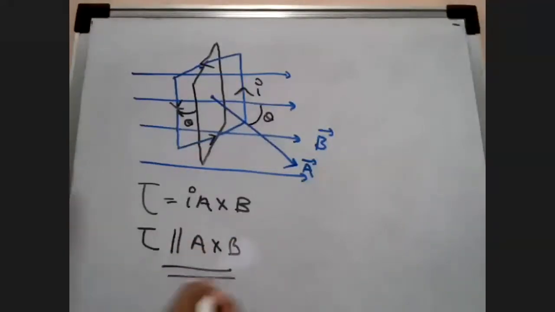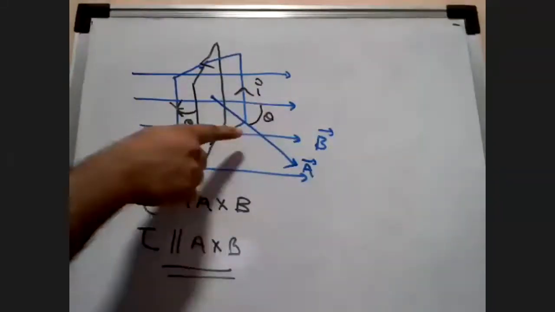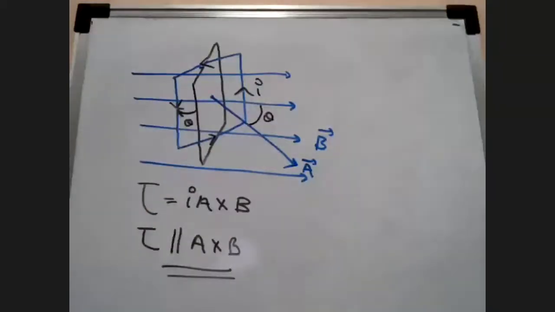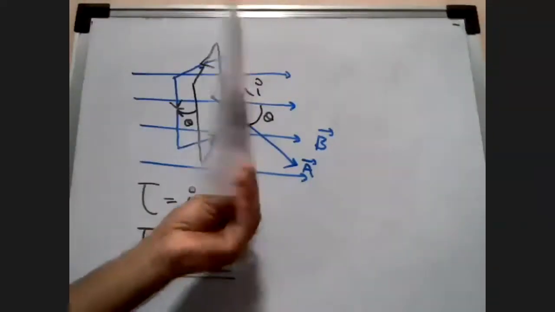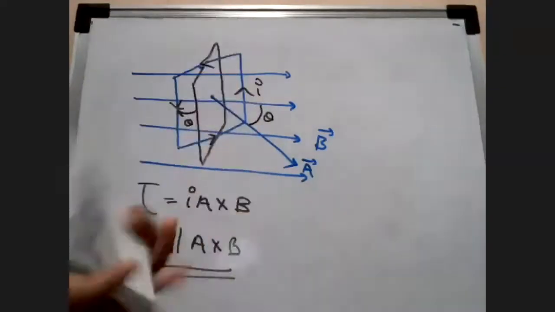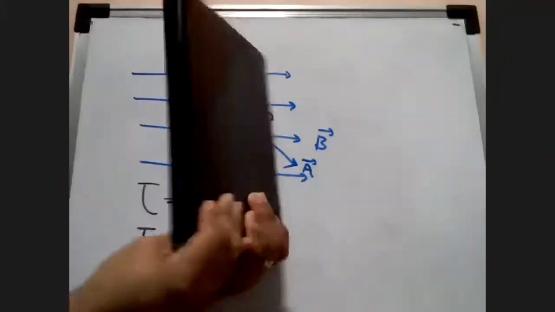In other words, when you move from A to B, torque also will be in that same direction. So students, I have taken this loop, which was like this, and I pushed it like this.